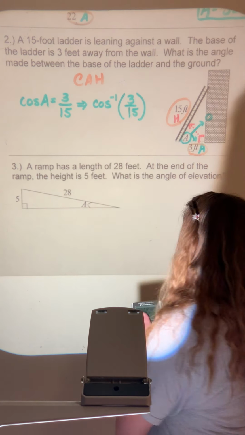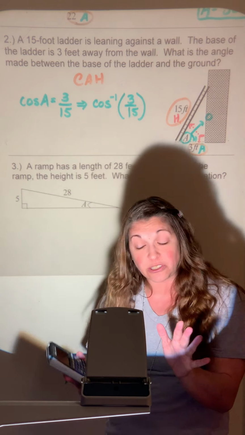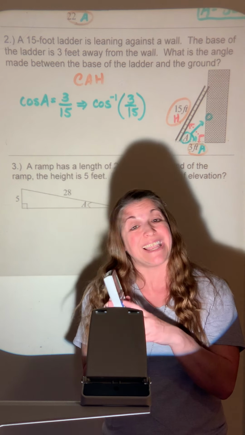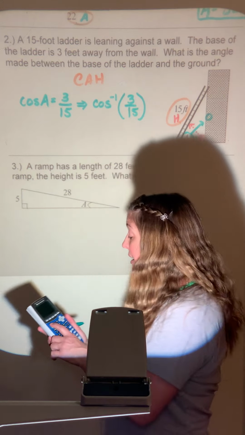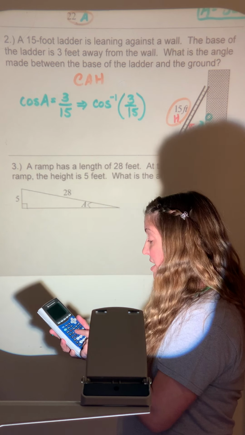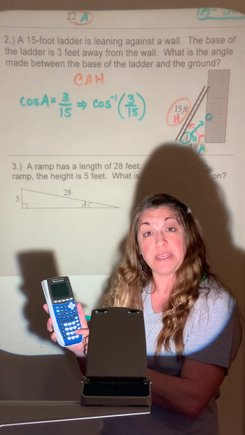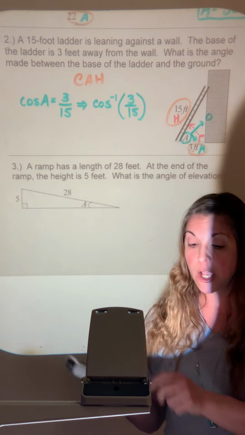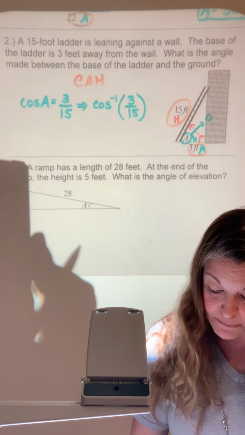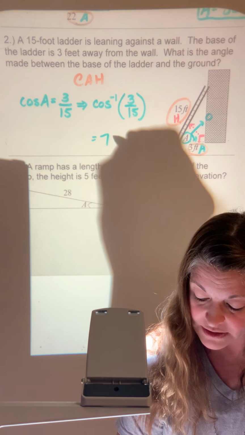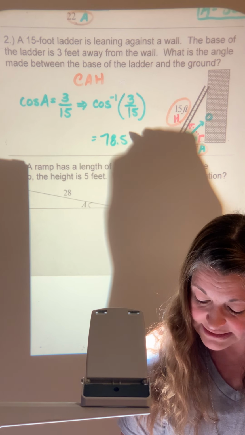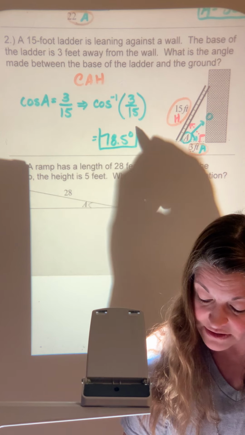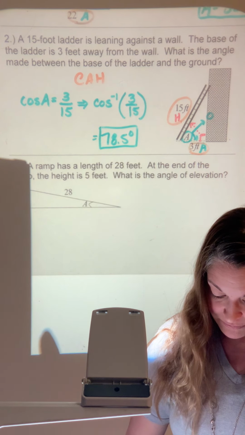So again, don't forget, no matter what calculator you're using, there'll be some sort of second key or maybe an arrow key. So second, and then cosine, and then typing in the 3 divided by 15, we will get 78.5. That is 78.5 degrees.